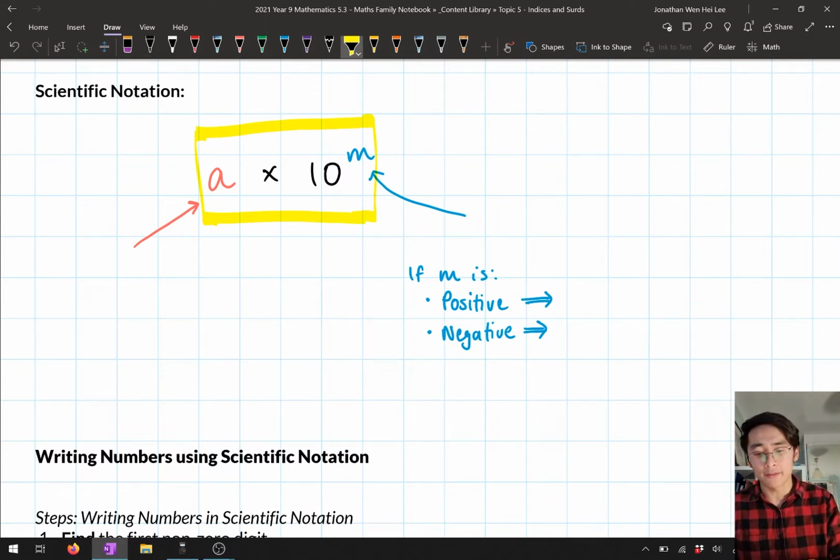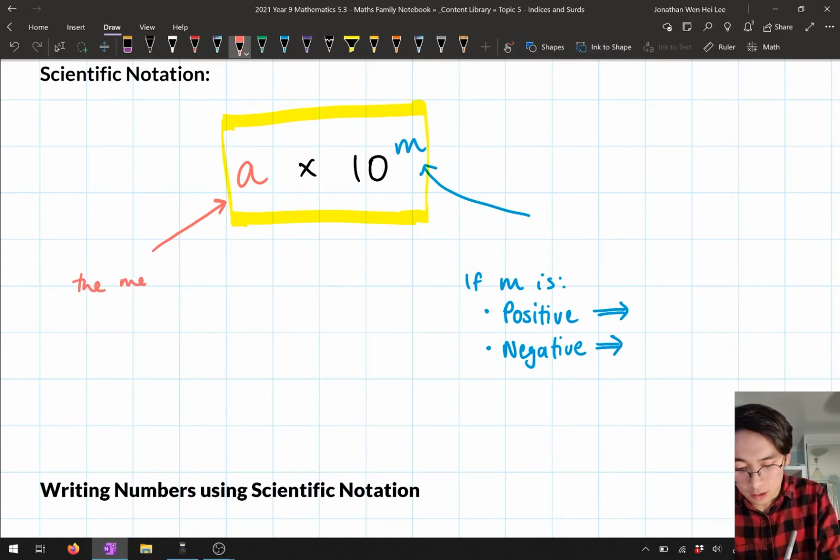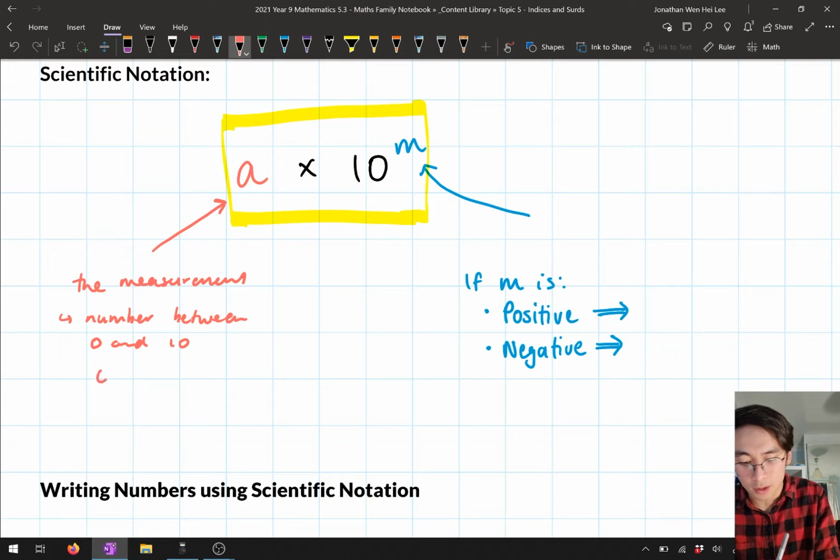Let's talk about a first. A just tells you what the measurement is, and it is a number between 1 and 10.